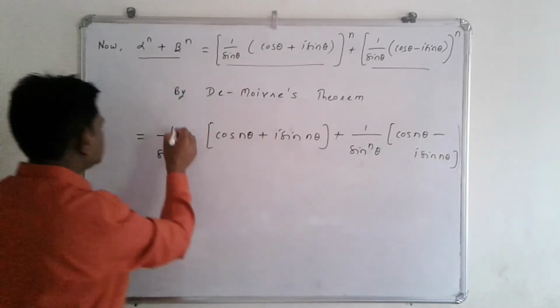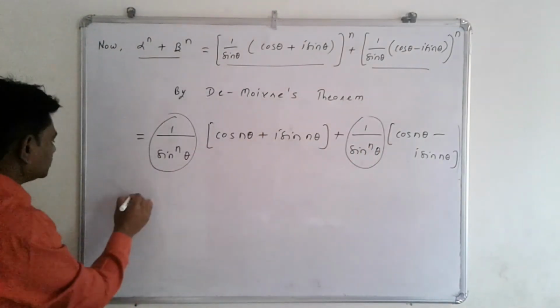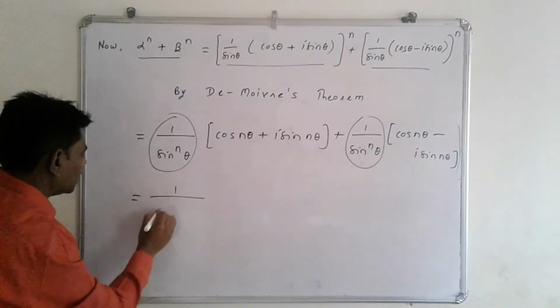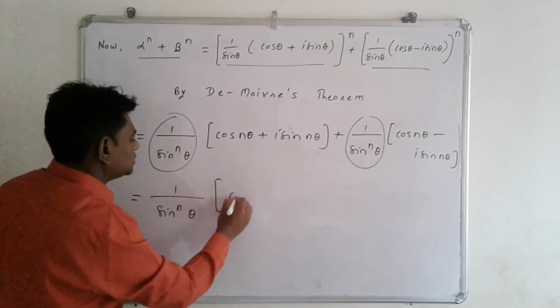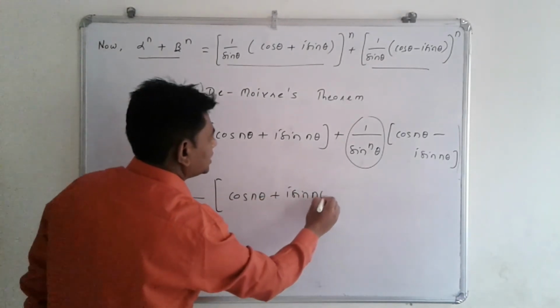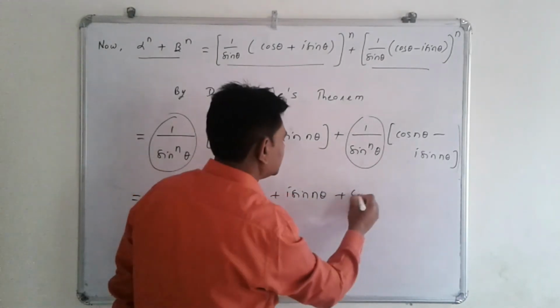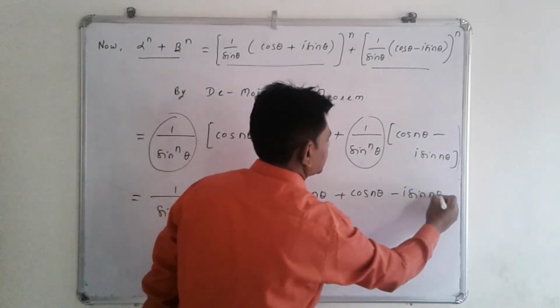Now here 1 upon sin theta to the power n is the common term, so this is equal to 1 upon sin n theta times cos n theta plus i sin n theta plus cos n theta minus i sin n theta.